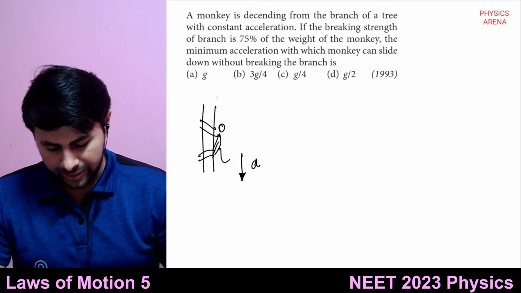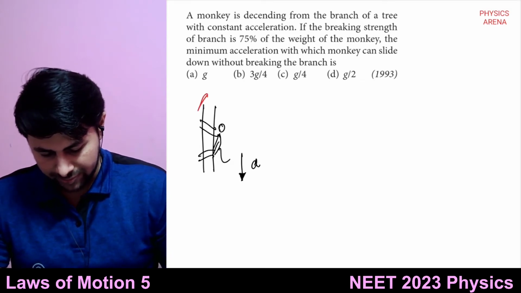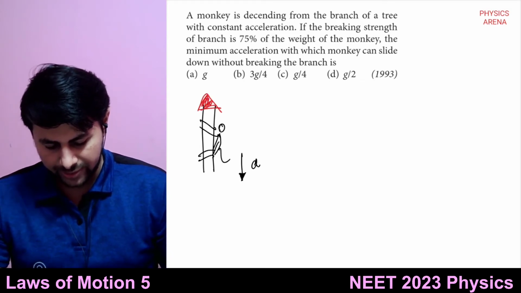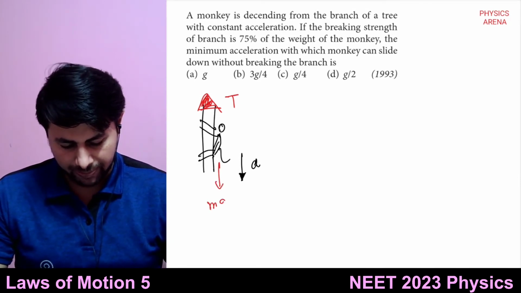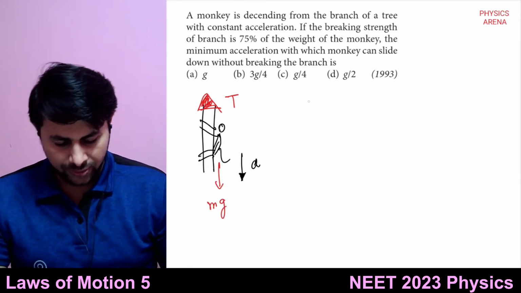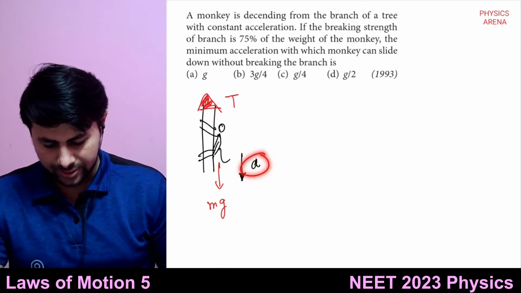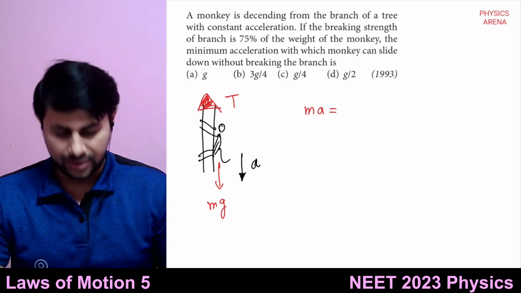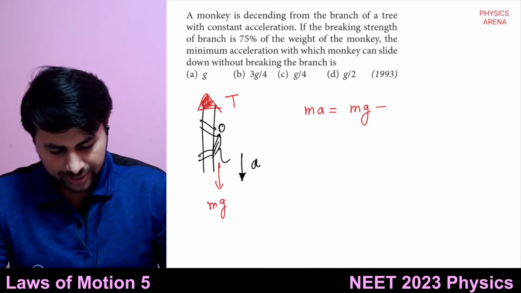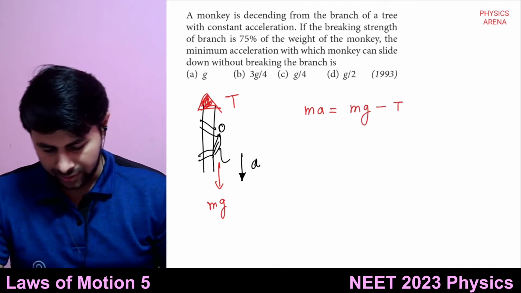So there will be tension in this branch upwards, and his weight downwards, m times g. So net force is downwards, a is downwards, so that means m times a is equal to what? Mg minus the tension, right?